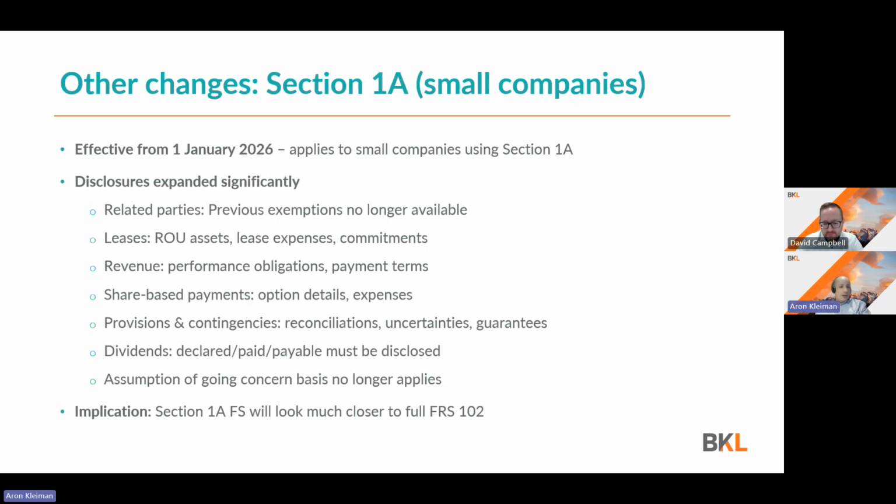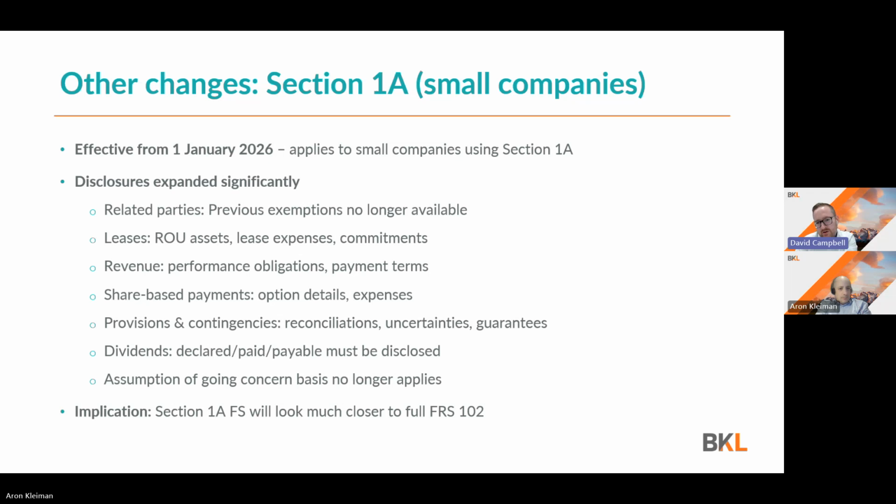Okay. And yes, we had a couple of preliminary questions around Section 1A and small companies. What do they need to be thinking about? Generally, less leniency around disclosures compared to the previous Section 1A, and much closer alignment with full FRS 102 in some key areas.